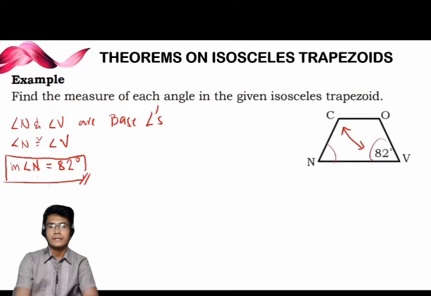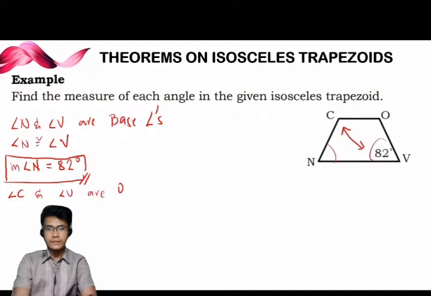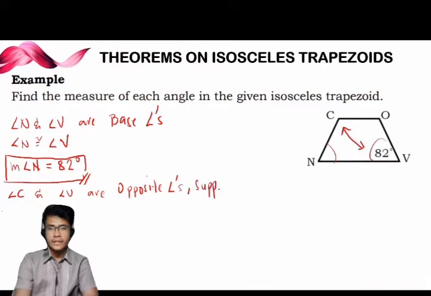Supplementary, right? Since angle C and angle B are opposite angles, therefore, they are supplementary. Meaning to say, when you add the measure of angle C and the measure of angle B, the result is 180 degrees. Alright?